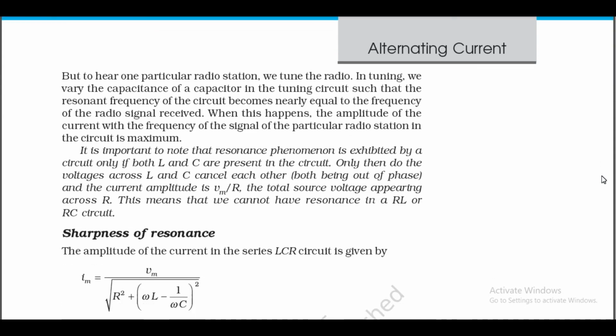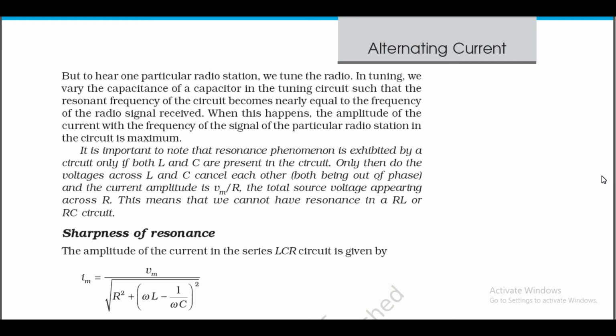Only then do the voltages across L and C cancel each other, both being out of phase, and the current amplitude is Vm/R, the total source voltage appearing across R. This means that we cannot have resonance in an RL or RC circuit.